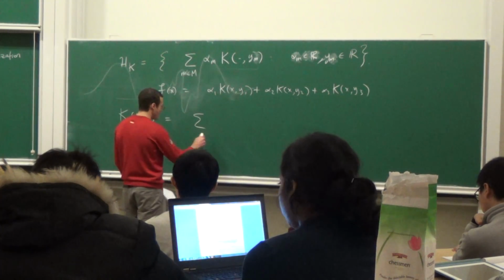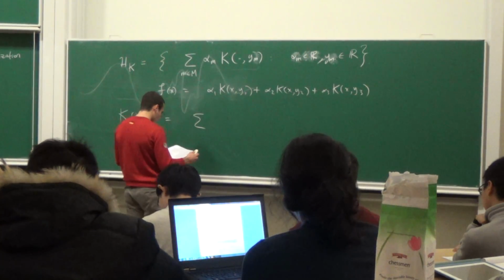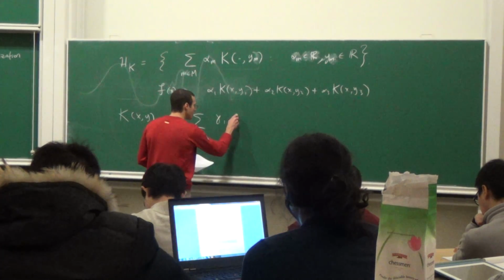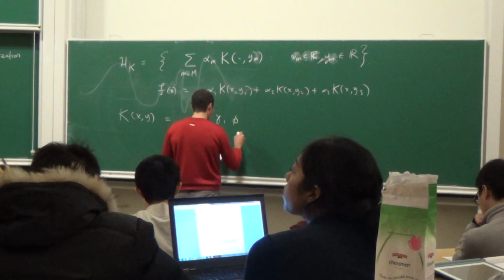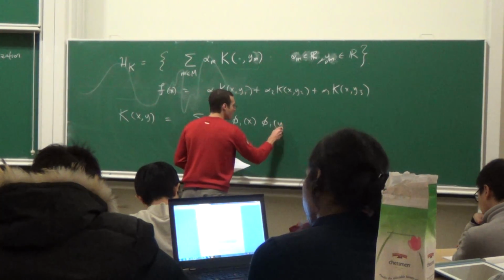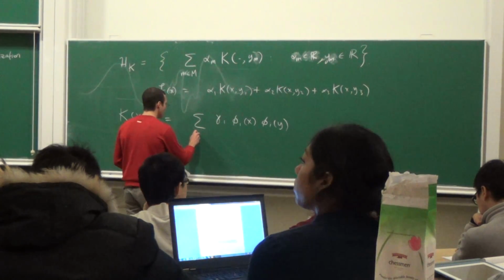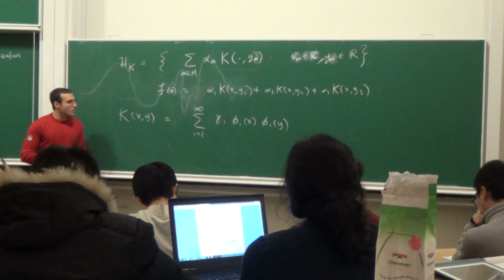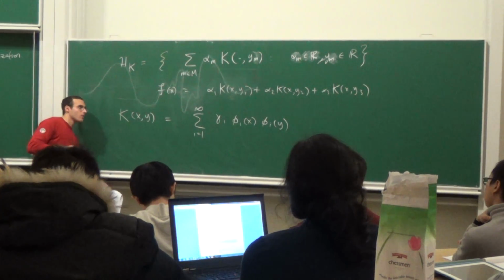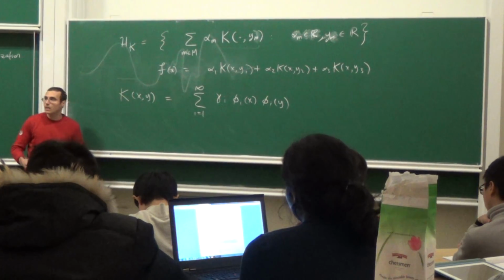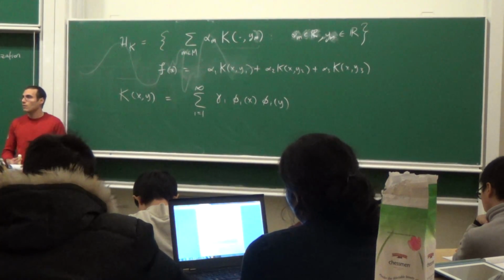This is the eigenexpansion of the positive definite function k. Think about it like the eigen decomposition you have for a matrix. So this is the analog in function space.